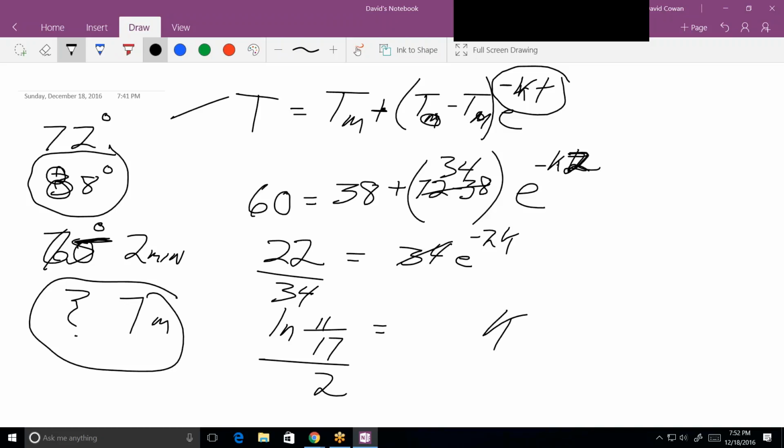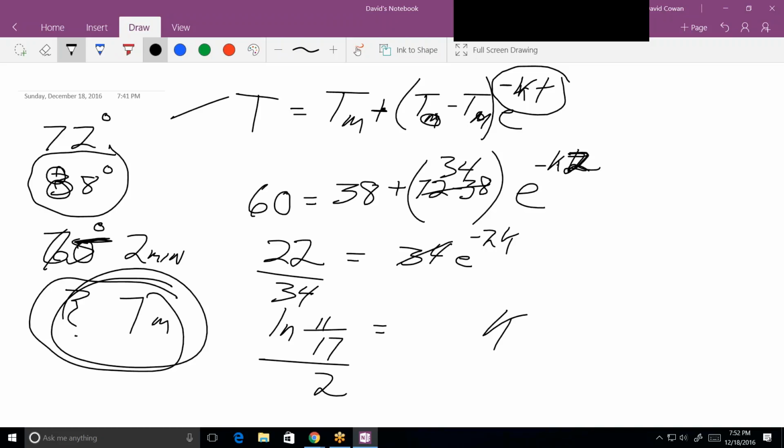Oh, and then once we have k, you have your specific formula and substitute 7 for t, and you'll get your answer as to what temperature it moves to after 7 minutes. Most all of these questions you're giving me have the same pattern.